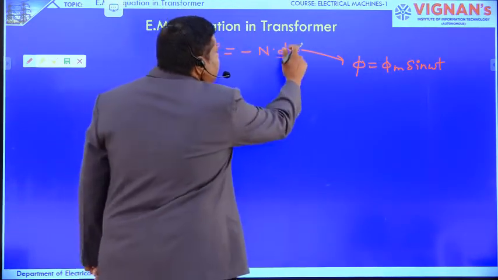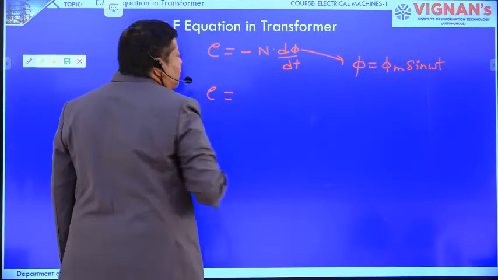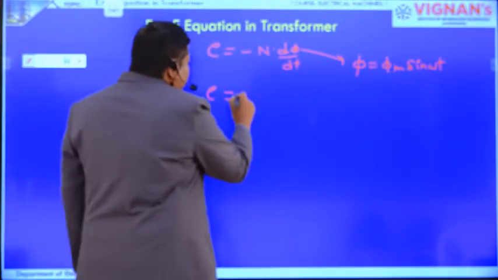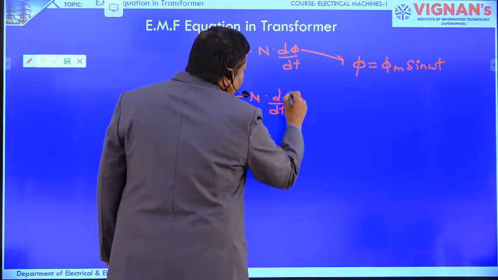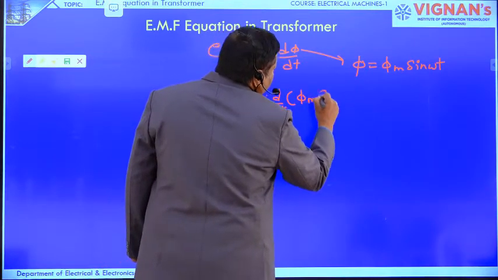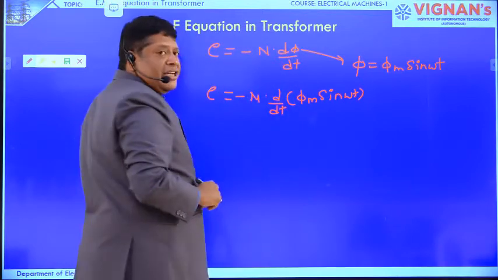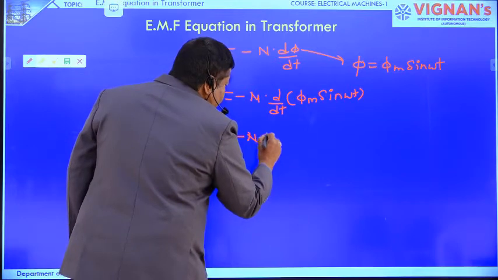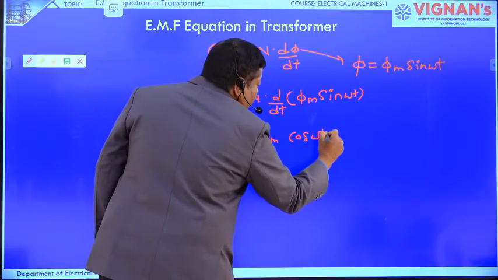Now, in place of φ, we substitute this. The induced voltage in any coil, whether the primary winding or the secondary winding, equals minus N into d by dt of φm into sine omega t. Now we complete this differentiation. We get minus N φm cos omega t into omega.